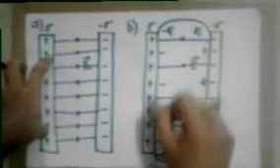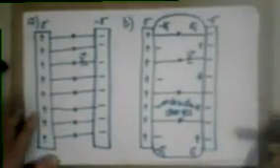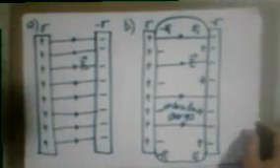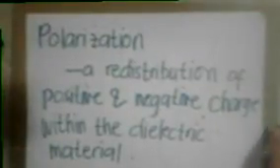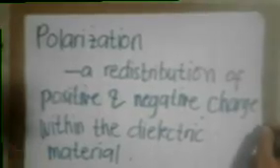This is the dielectric. The surface charge on the conducting plates does not change, but an induced charge of the opposite signs appears on each surface of the dielectric. The dielectric was neutral, and the induced surface charges arise as a result of polarization. Now, polarization is a redistribution of positive charge and negative charge within the dielectric material.